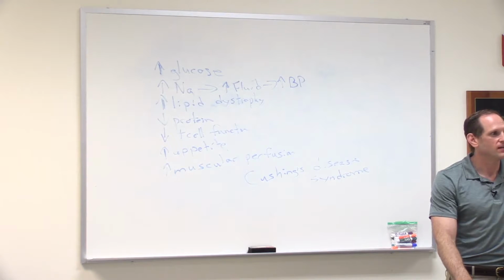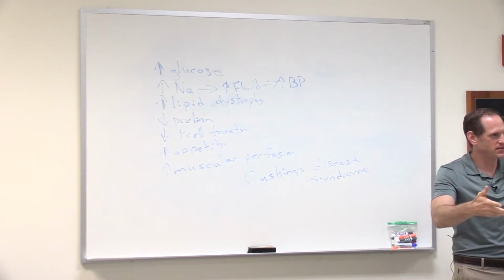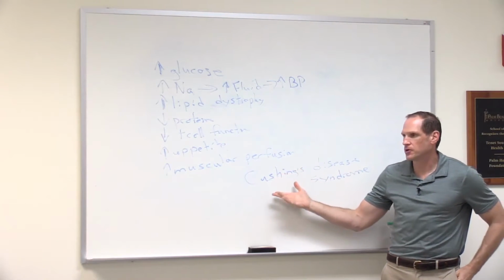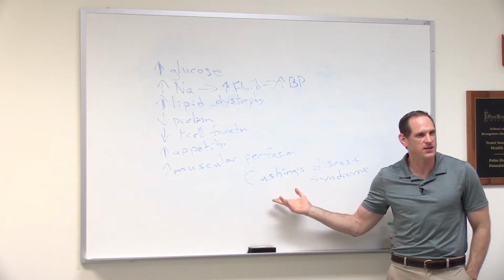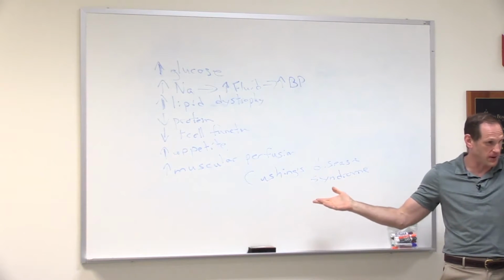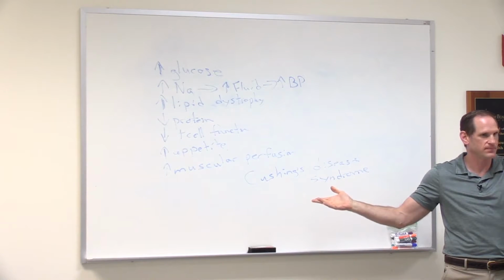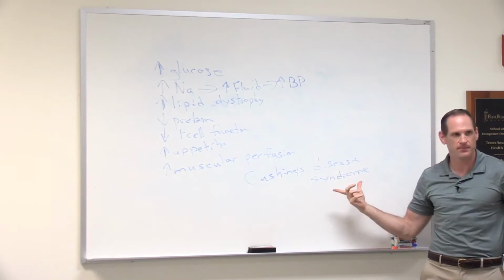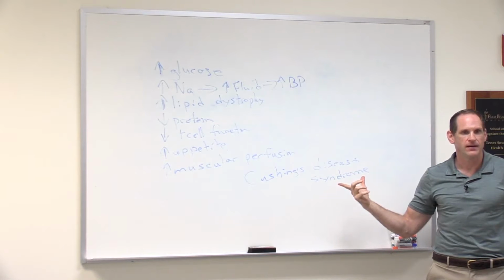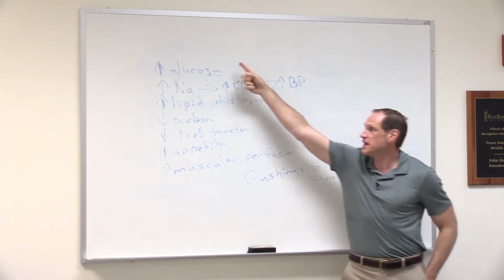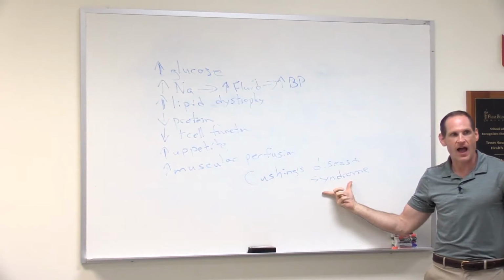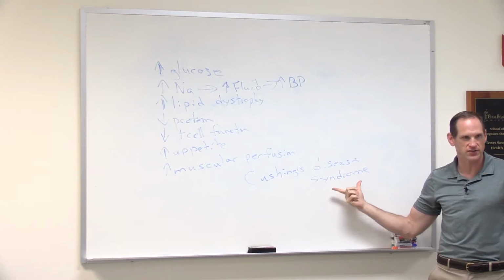Steroids. So when you give steroids, your body stops producing ACTH because it says there's enough steroid around, there's enough cortisol. So what is Cushing syndrome? It's all of these things caused by adverse effects of steroid drugs.